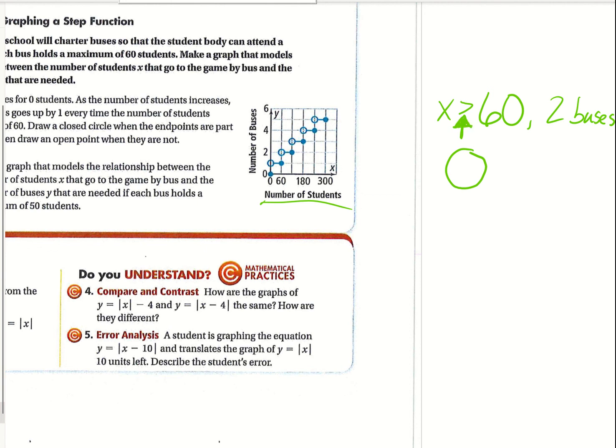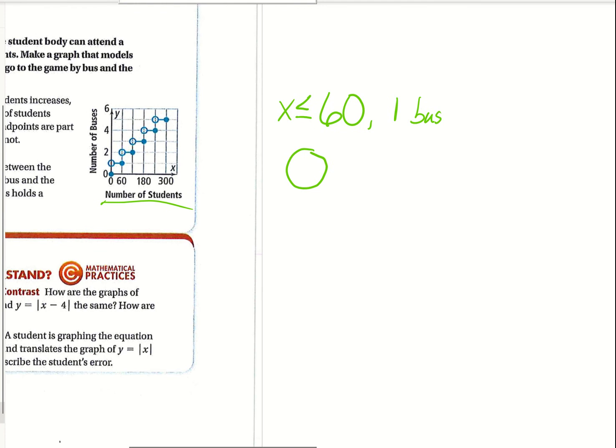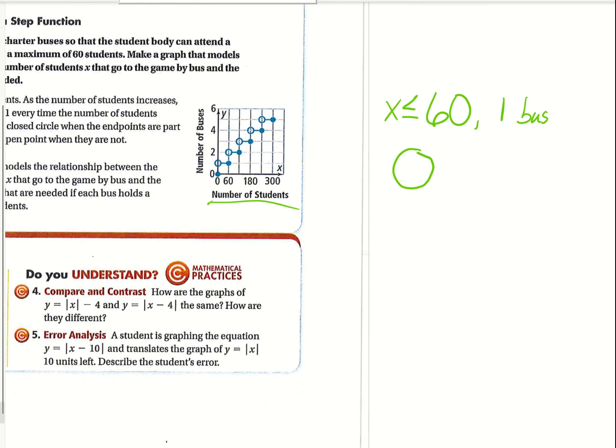All right, when x is less than or equal to 60, we're going to have 1 bus. All right, and because it has this equal to sign, okay, that's where we're going to have a closed circle again. Again, just more review for us on this. But these graphs work the same way those number line graphs did in the past.